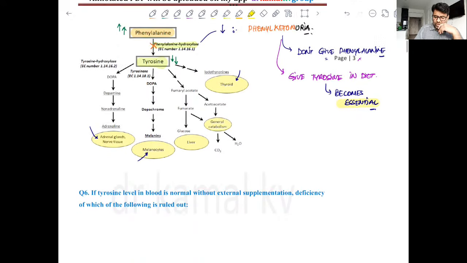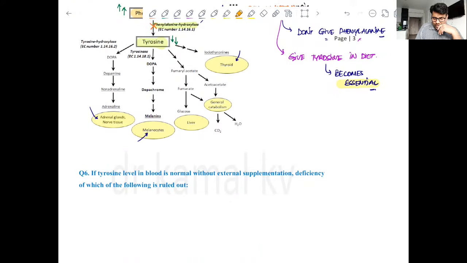Now moving forward, this thing we have already discussed. If tyrosine level in the body is normal and we are not giving anything from outside, it means it is derived in the body in sufficient amount. Deficiency of which enzyme is ruled out? It means which enzyme is working properly.